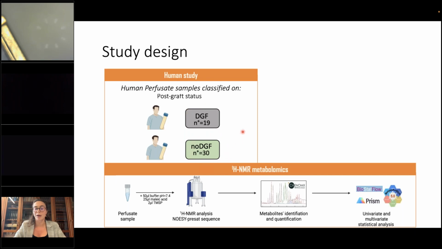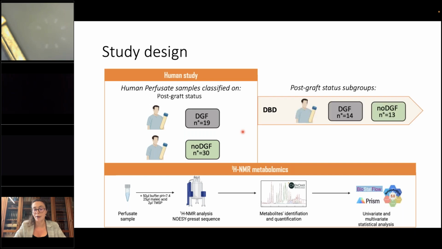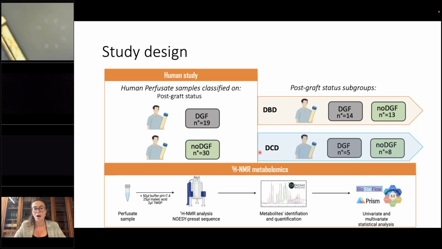Two additional analyses were done in this context by dividing our human cohort first on the basis of the donor type, DBD or DCD, and afterwards by classifying them on the basis of the pathological status post-transplantation. In the next slide, I will show you only the results concerning the general analysis and the analysis made on DBD donors.